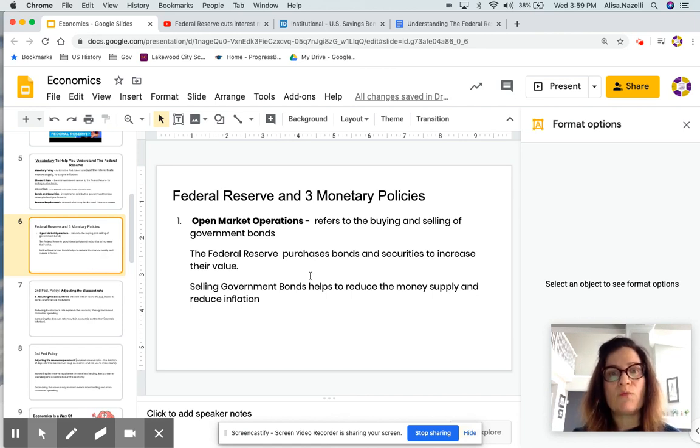And those are when, just like they just said in that news clip, the Federal Reserve announces that it's going to buy and sell bonds. When they want to help the economy, when they want to get the economy going, what are they going to do? They are going to buy bonds themselves. The Federal Reserve will buy those bonds.